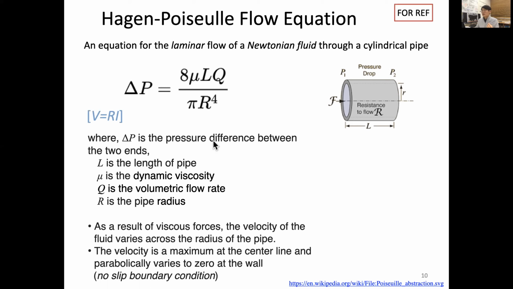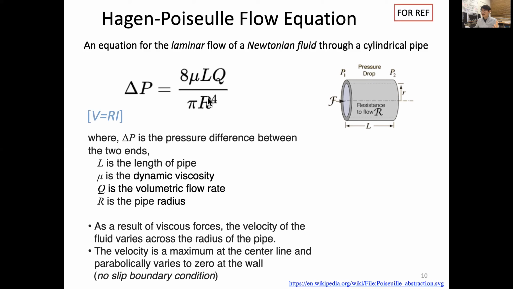So the pressure difference between the two ends, delta P, will be proportional to the length of the pipe, so it makes sense. And also think about the viscosity, which is the intrinsic property of dragging resistance to flow. Of course, the higher the viscosity is, the higher the pressure drop you will need.